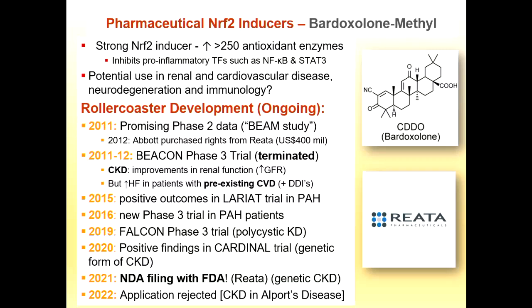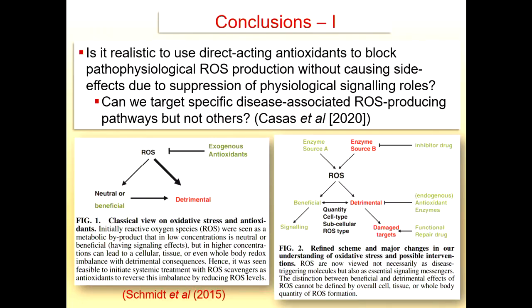But it's been through a whole lot of clinical trials, some of which have broken people's hearts, despite showing hints of positive results. And just about a year ago, there was an FDA rejection of use of this molecule in chronic kidney disease. So hopefully this molecule will eventually get there, but it's a strong NRF2 inducer, and the idea is that it'll be useful, particularly in people with clinical renal disease.